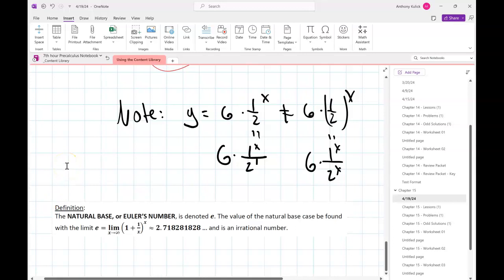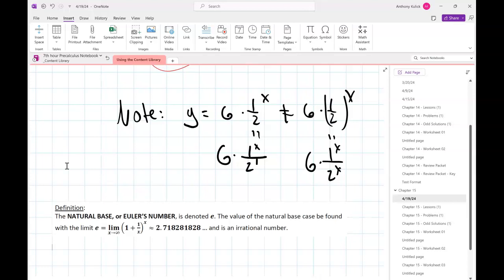It's an irrational number, which means that you can't write it as a fraction. It's an infinite decimal that never repeats. It's like pi. In geometry, instead of writing 3.1415, yada, yada, yada, we just use a symbol pi so we don't have to write all the decimals. We're going to do the same thing here.